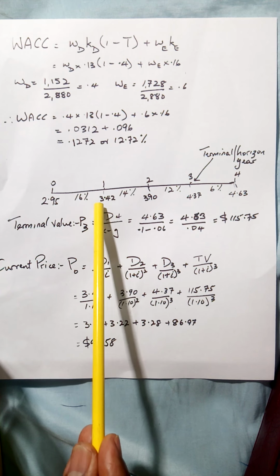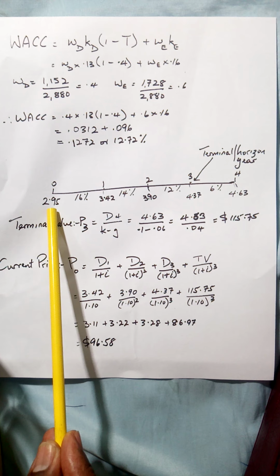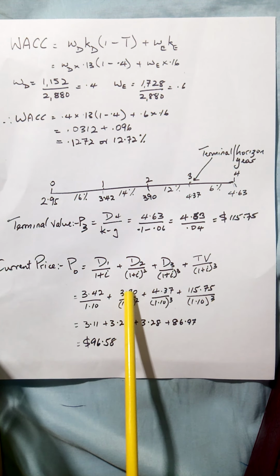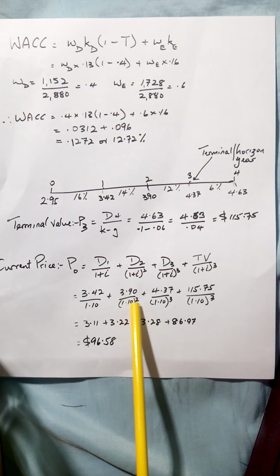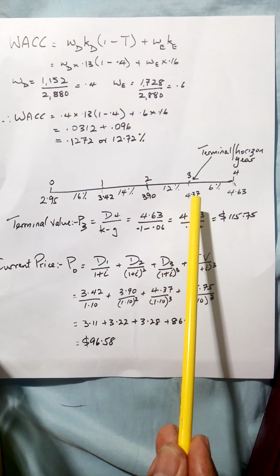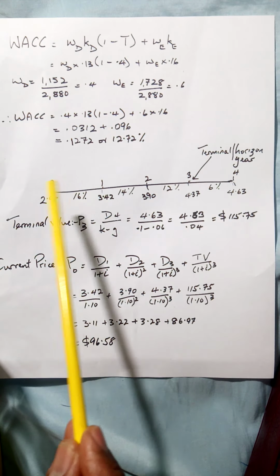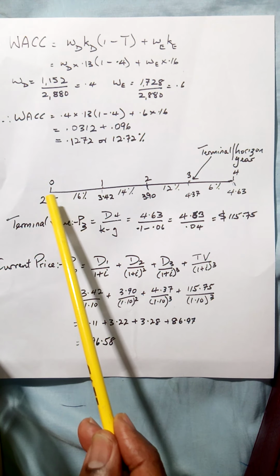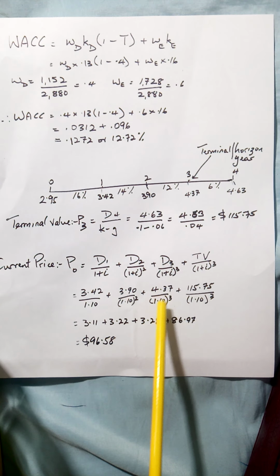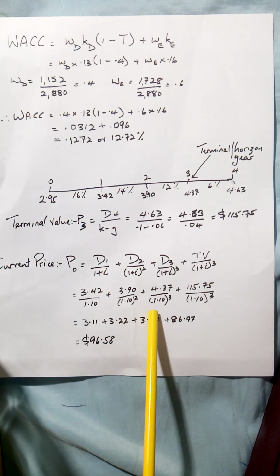So the year 1 cash flow is discounted only 1 year to its year 0 value. The second year cash flow, $3.90, is discounted by 2 years back to its year 0 equivalent. The year 3 cash flows, of which there are 2 of them, the dividend originating from the accelerated growth period, 4.37, discounted 3 years back to its year 0 equivalent.